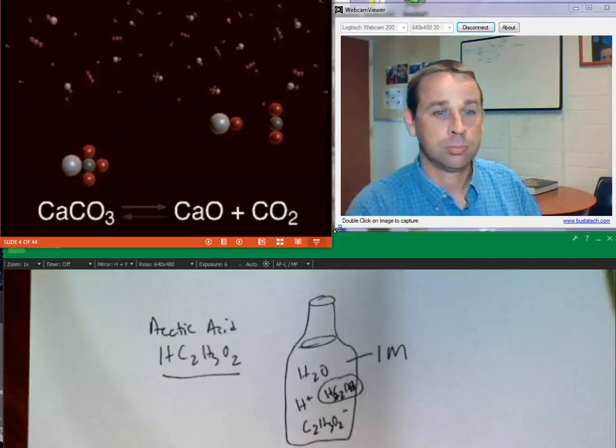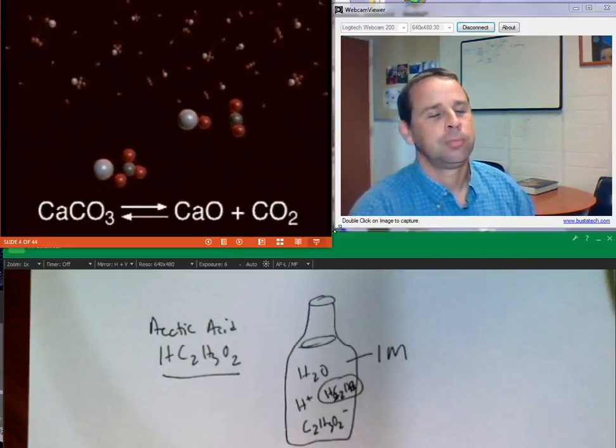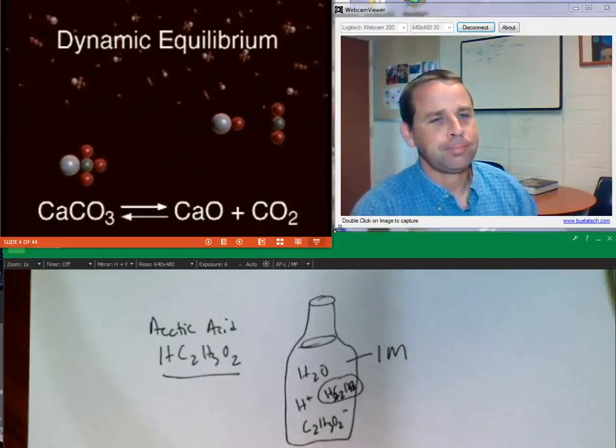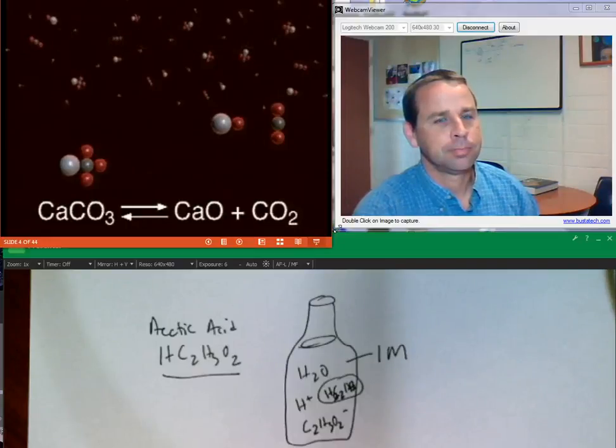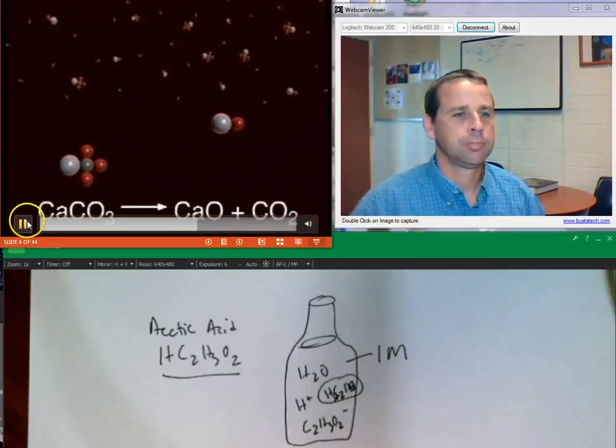When the decomposition rate of calcium carbonate equals the synthesizing rate of calcium oxide and carbon dioxide, the system is said to be at dynamic equilibrium. Now suppose most of the carbon dioxide is removed from the system, and the system is resealed. The rate of synthesis of calcium carbonate from calcium oxide and carbon dioxide will slow down and almost stop.